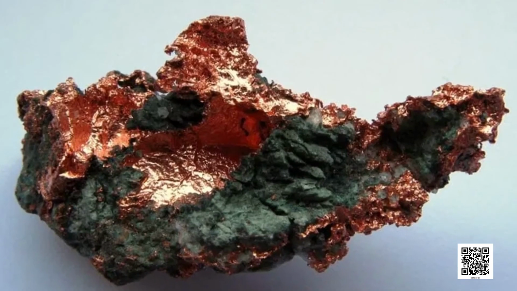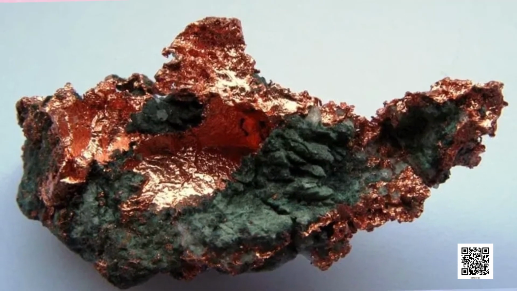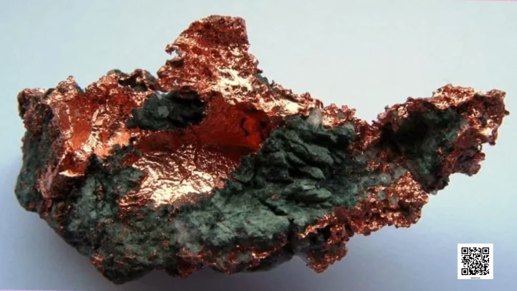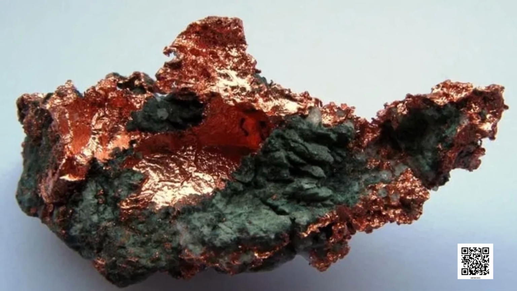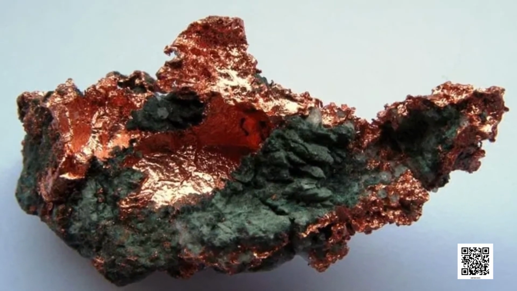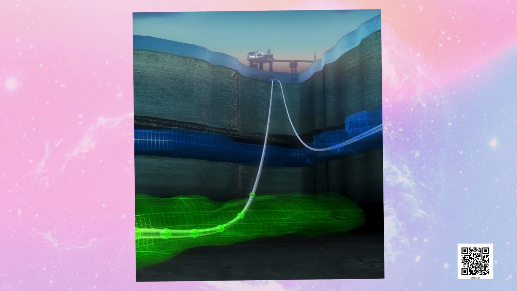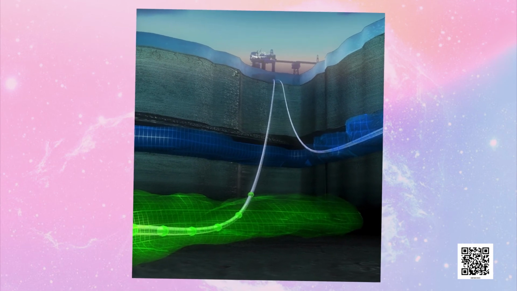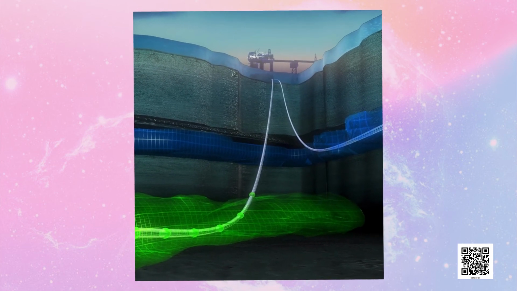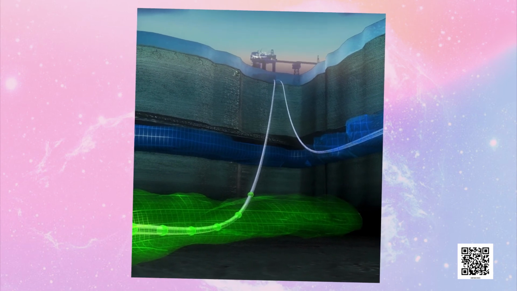Copper ore can be found in Chile, Mexico, United States, Indonesia, Australia, Peru, Russia, Canada, China, Poland, and Kazakhstan. Oil reserves can be found in Canada, United States, Mexico, Saudi Arabia, Iraq, Iran, United Arab Emirates, and Kuwait.